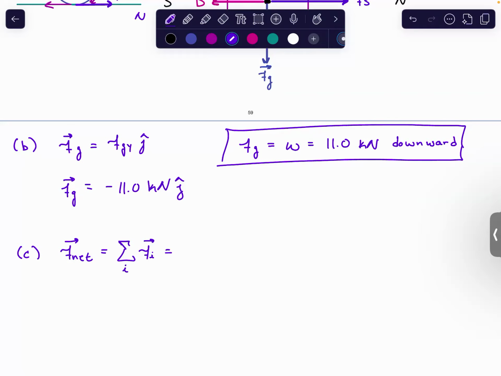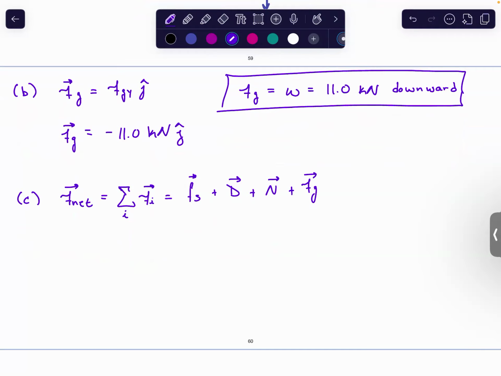Okay, so overall, we're going to have our frictional force, our drag force, our normal force, and our gravitational force. Okay, so that's our theorem. So what we really want to do is we can break this apart into x and y.